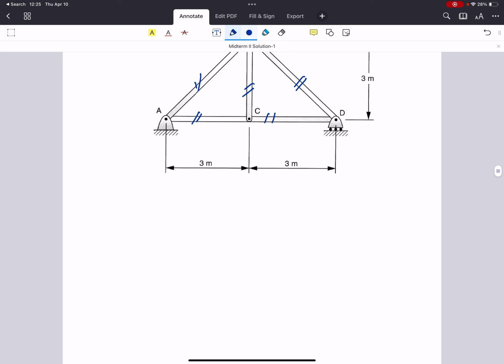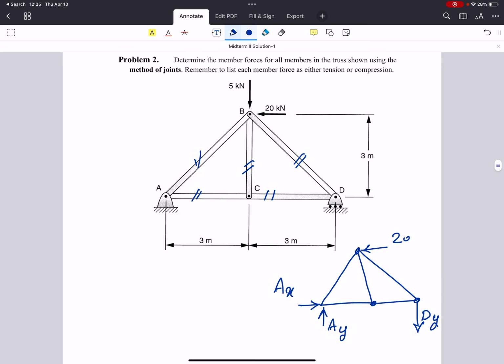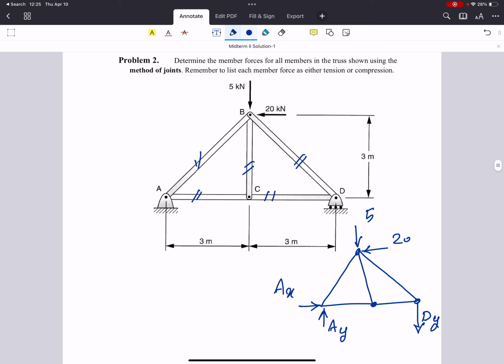We can draw the free body diagram like this. This one is AY, AX. This one is DY. What else? I have this 20. This one is 5.